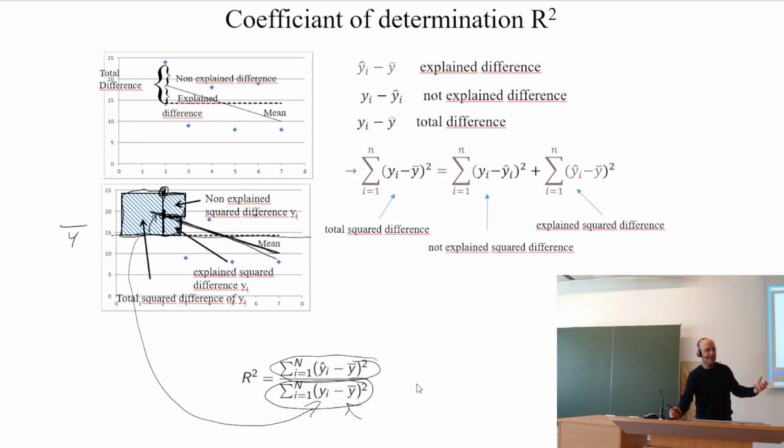And with our linear regression, we then explain some part of the dispersion of our data points. And then we can say, if this r squared is, for example, 0.7, then we can interpret this that our linear model explains 70% of the dispersion of our data points. And this is quite a nice interpretation of this coefficient of determination.